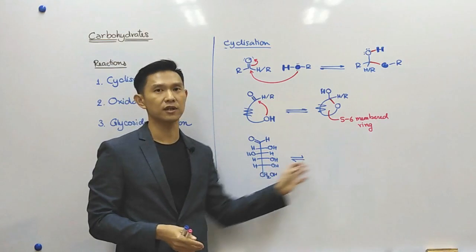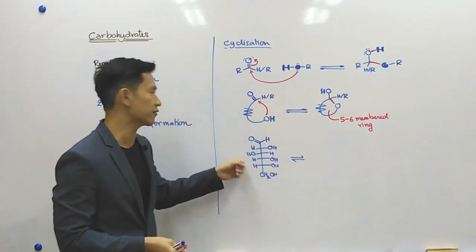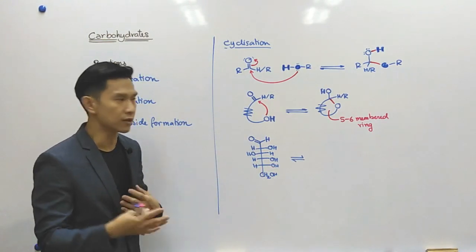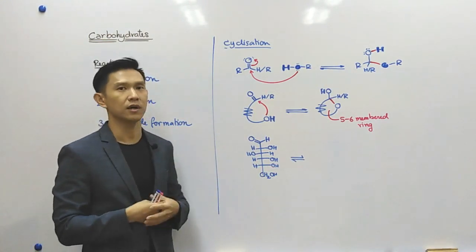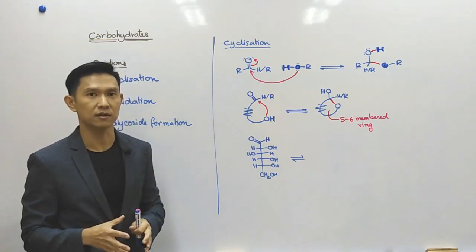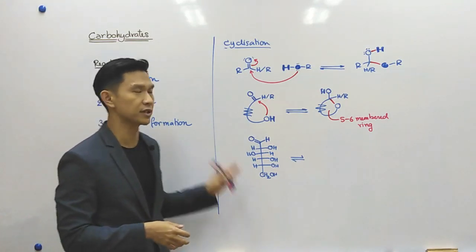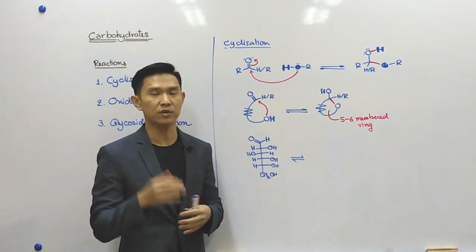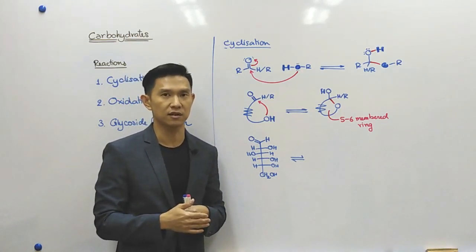And because it is in equilibrium, you also have the open chain structure here as well. But because the equilibrium prefers it, the most abundant structure observed from this equilibrium is the structure with the lowest energy state.